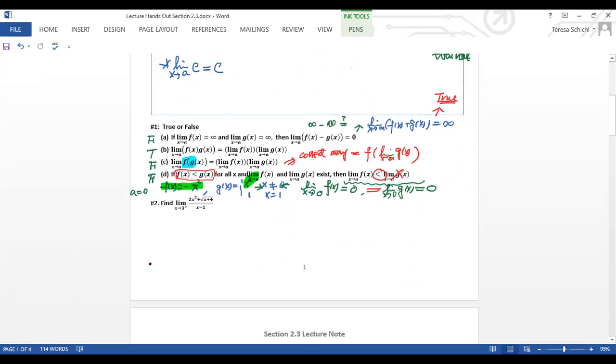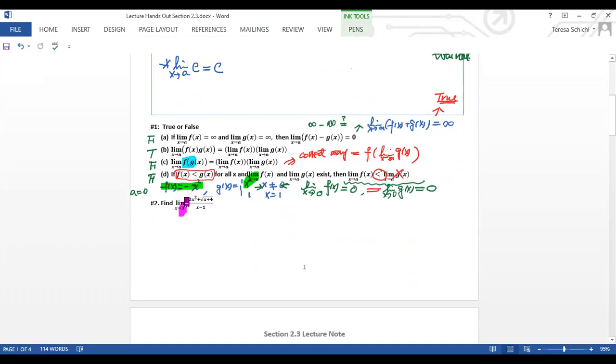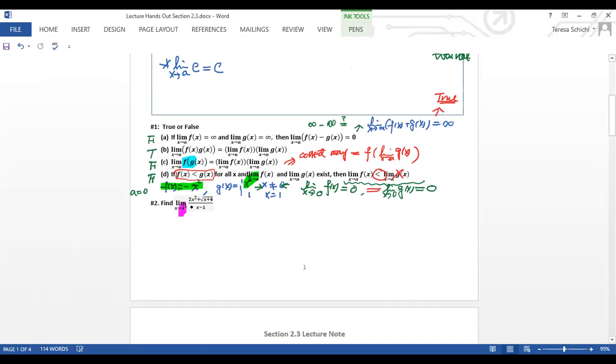Okay, now let's take a look at this one. Wow, this is a rational function, we have fractions here. So let's take a look. Let's say f(x), x approaches 3 from the right-hand side. Now, what is the limit?